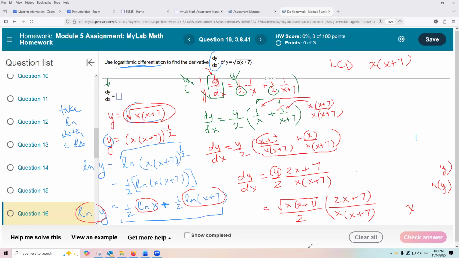There's one other simplifying that I can do here because I have a square root of x plus 7, and in the denominator here I have an x plus 7. So this square root would actually cancel out with the factor on the bottom, leaving me, let me write the final answer here, leaving me an x plus 7.